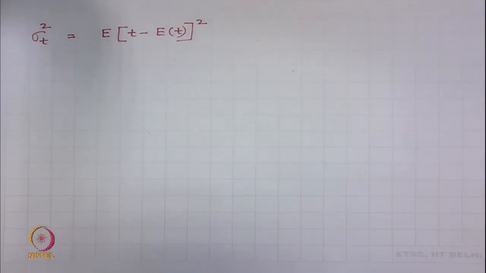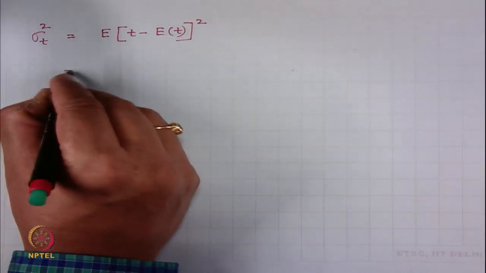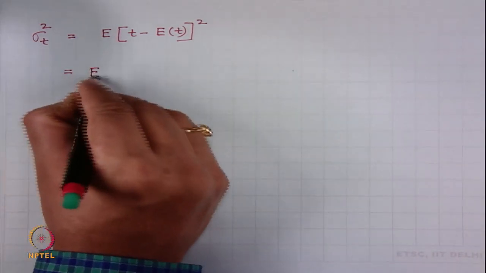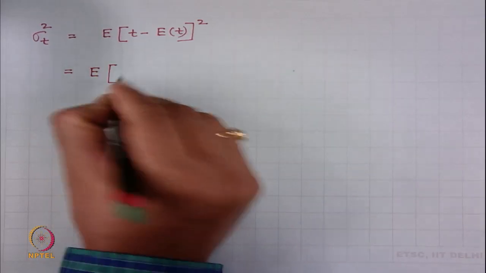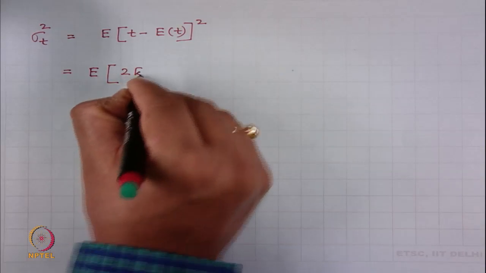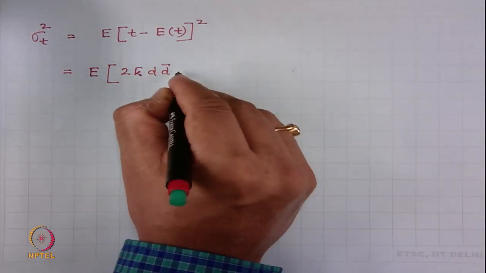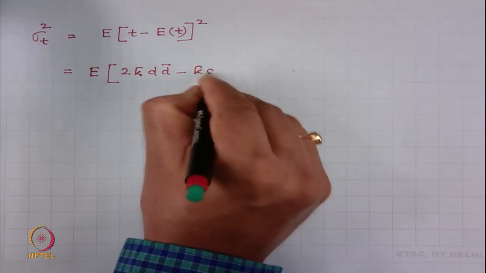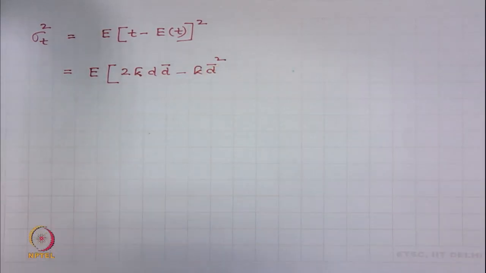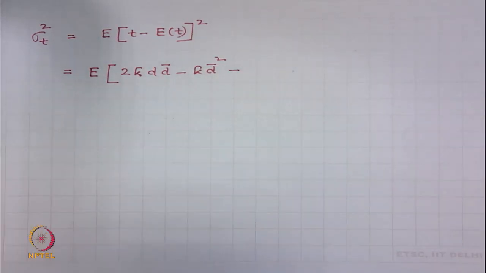This is the definition of variance. So this we substitute, what is your t? T is your 2 k d d bar minus k d bar squared minus mean of t.